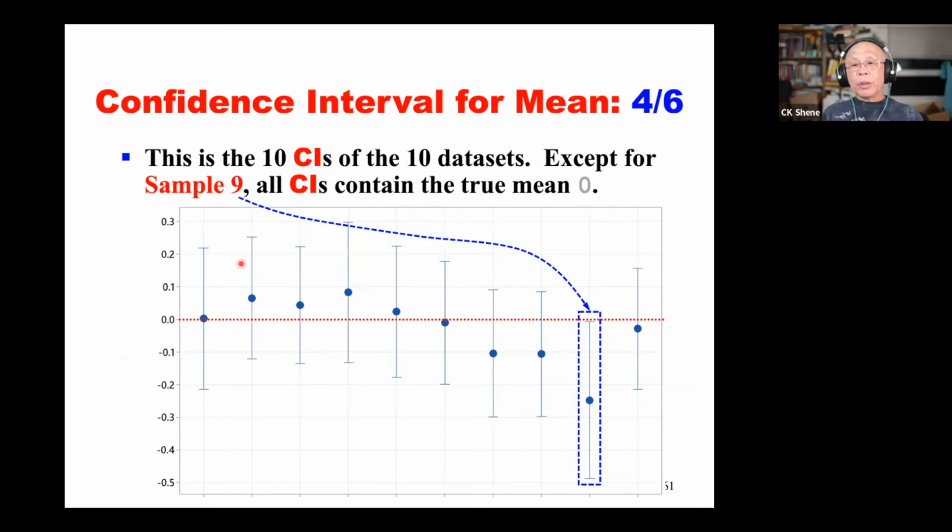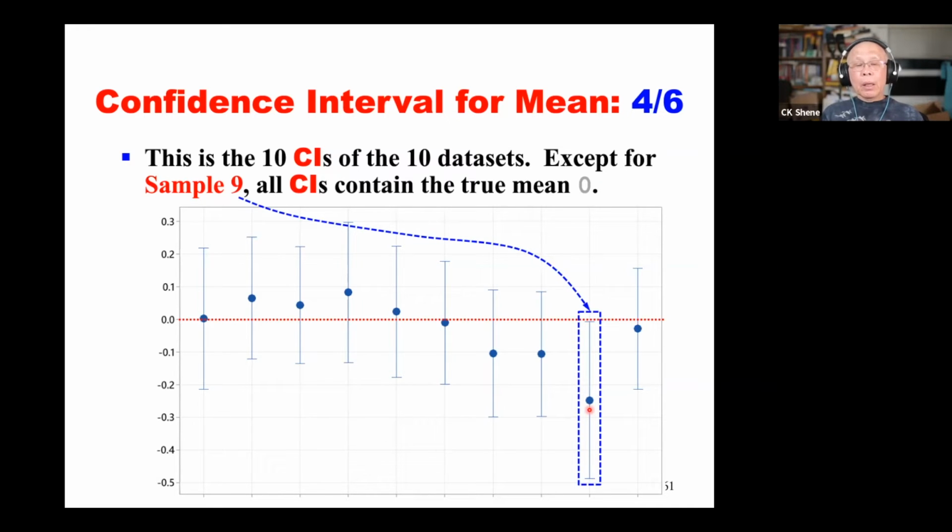As you can see, for sample 9, the calculated confidence interval does not even contain the population mean 0 at all. Except for sample 9, all the computed confidence intervals contain the population mean. But sample 9 does not.